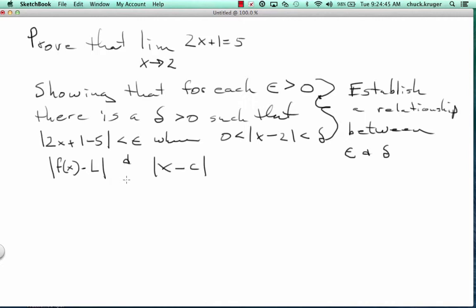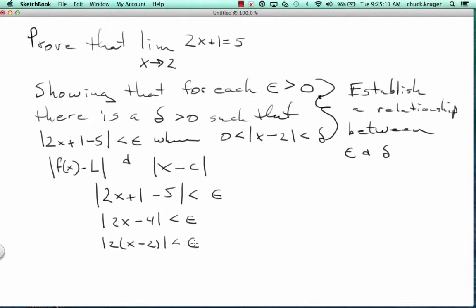I'm going to start out with the absolute value of 2x plus 1 minus 5 less than epsilon. This gives me 2x minus 4 less than epsilon. That means I can factor out a 2. I get 2 times the absolute value of x minus 2 less than epsilon.